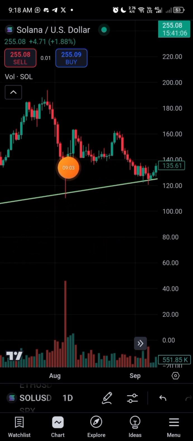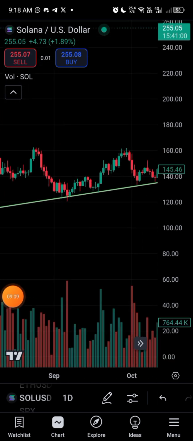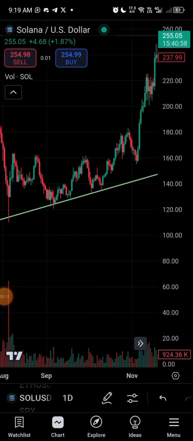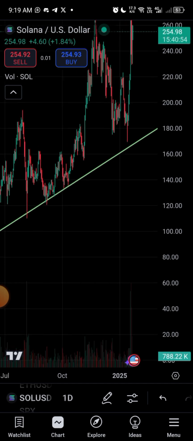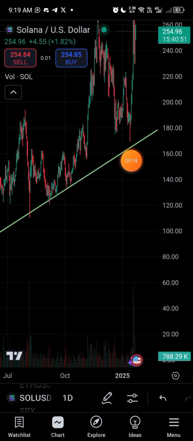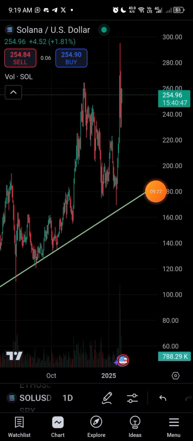The candle closed around here. The wick broke here, but it did not close below it. So you can see that this trend is on the upside. Then this market came back to this trend line and touched it, and then it went back up.